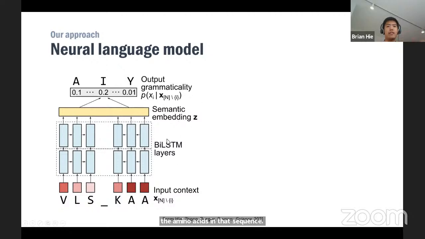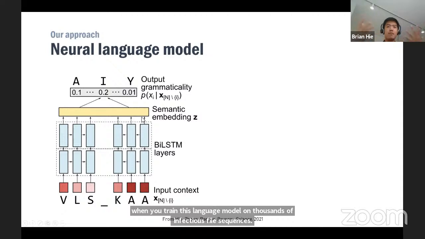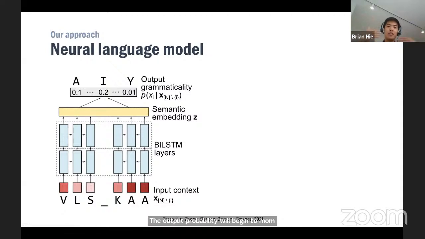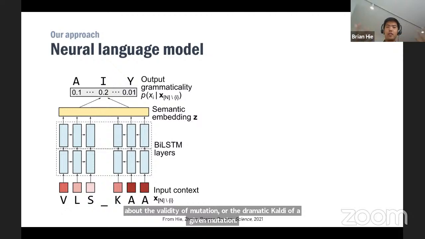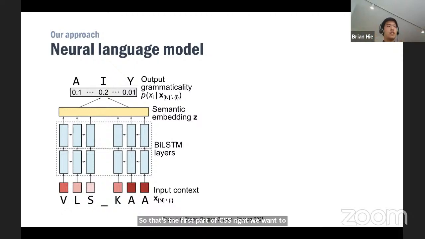And when you train this language model on, say, thousands of infectious viral sequences, the output probability will begin to model something about the validity of a mutation or the grammaticality of a given mutation. So that's the first part of CSCS, right? We want to learn the grammar of the language.